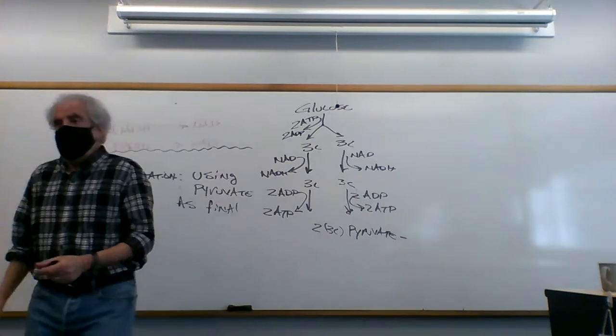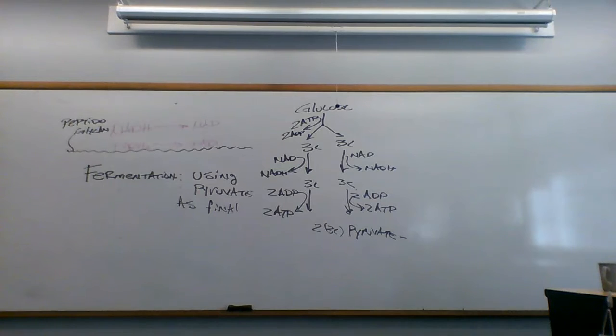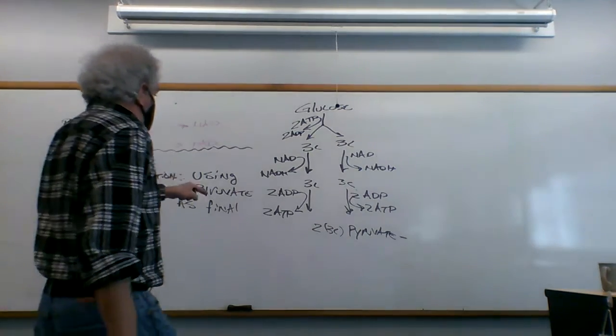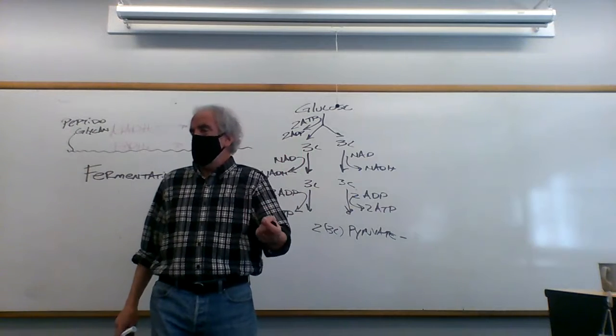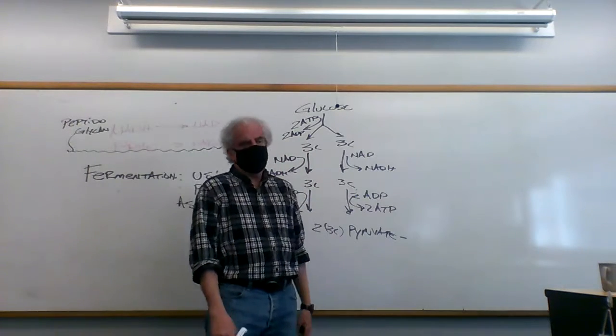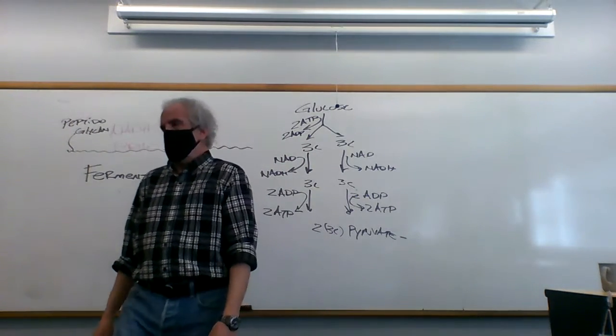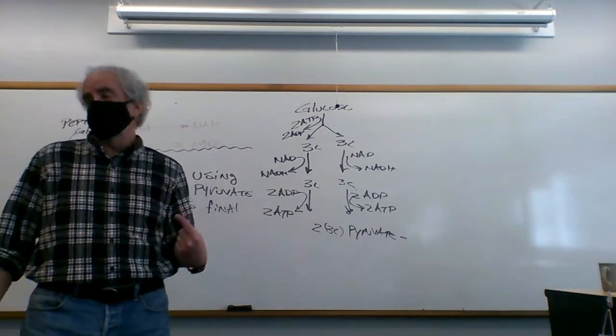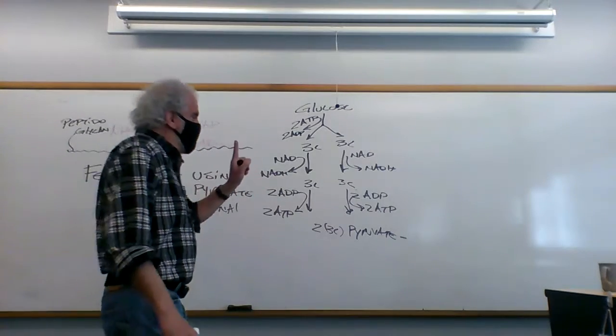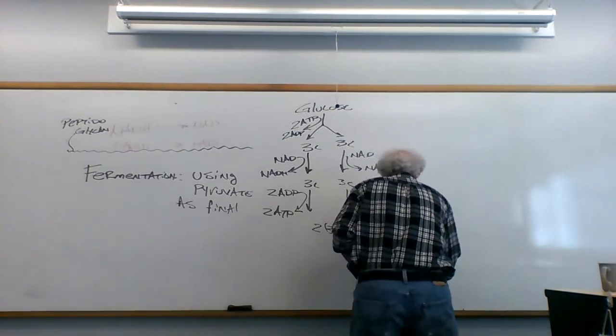All right. So now, if you don't have a good final electron acceptor, oxygen, sulfur, iron, something that you can use in the electron transport chain, you can always go over to here. And what you can do is now dump an electron on the pyruvate. We're going to actually reduce pyruvate. And in terms of systems, that's not a great way to operate, because you spent this time oxidizing to get to pyruvate. Now you're going to reduce it. You're kind of going backwards. But it does one specific thing for us.